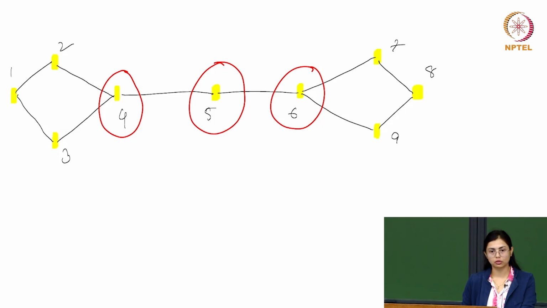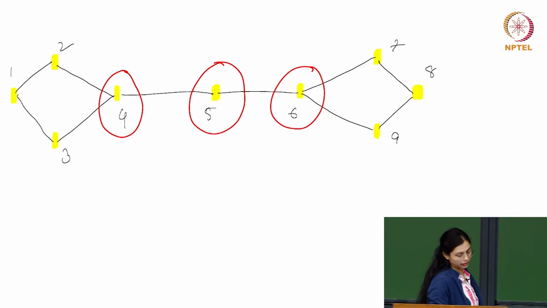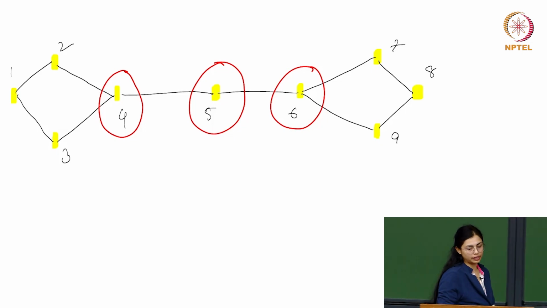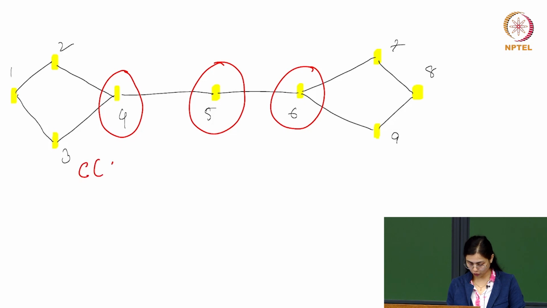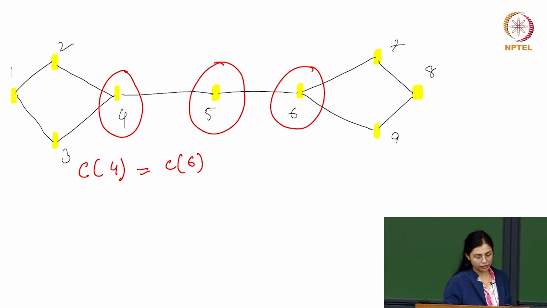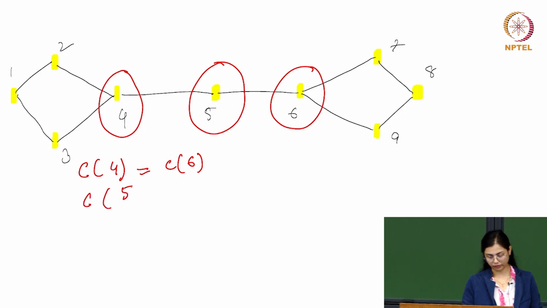But I want to see the closeness centrality for 5 and for 4 and 6. I think for 4 and 6 it will be the same, right? Because it's almost isomorphic. Both sides of 5 are isomorphic. But closeness centrality for 5 will definitely be different from 4 and 6.